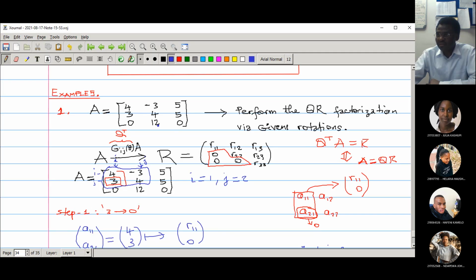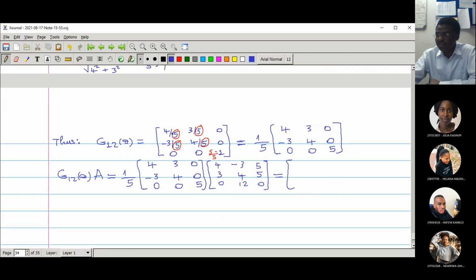Okay, so this is what we have. That's our A. Now, if you perform the multiplication, the 4 in this case will remain, and then the 0 will be created. So we will get 4, and then the 0 that we want to create will be created there.